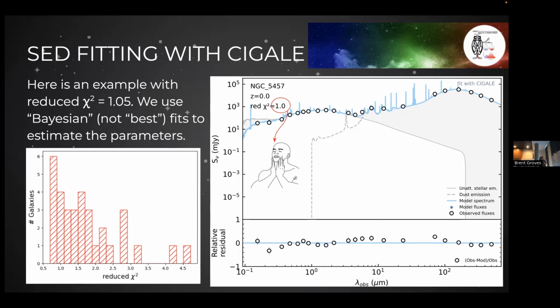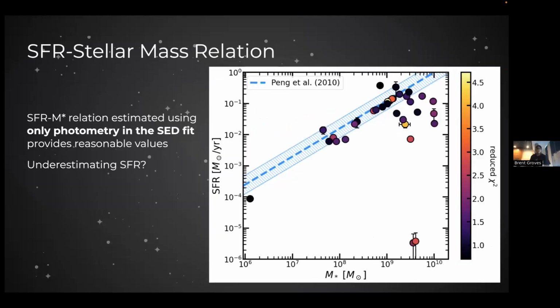So here, we first do the fitting using just photometry. Using the SED fits from just photometry, we can derive physical parameters for each of our targets. And so we were trying to reproduce the stellar mass star formation rate relation.